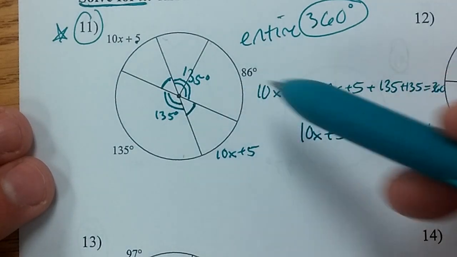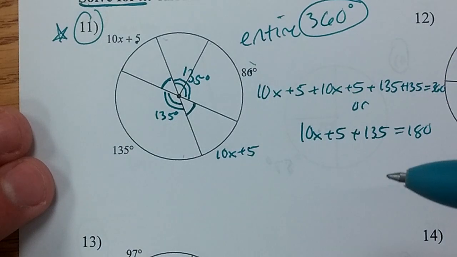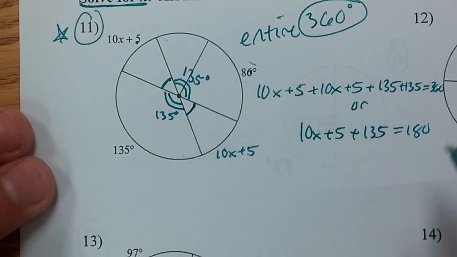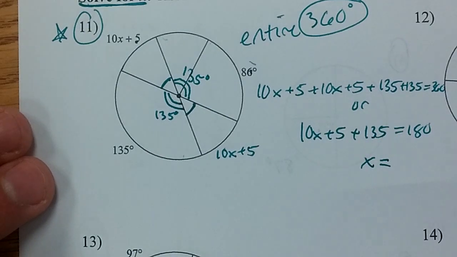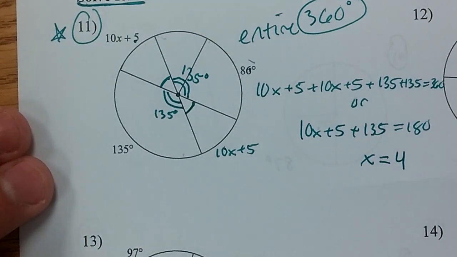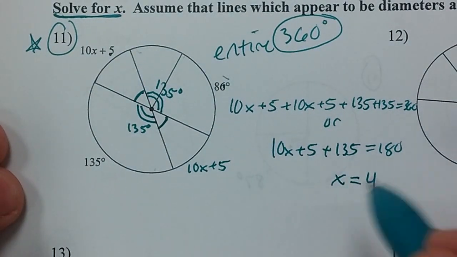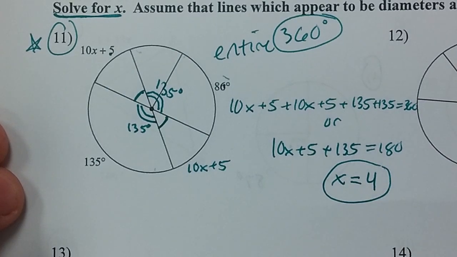In either case, this angle or arc measure is not going to help you any. Solving either one of these equations, you should get x is equal to 4. And since they just said solve for x, we're going to stop here. You don't have to plug anything into an angle.